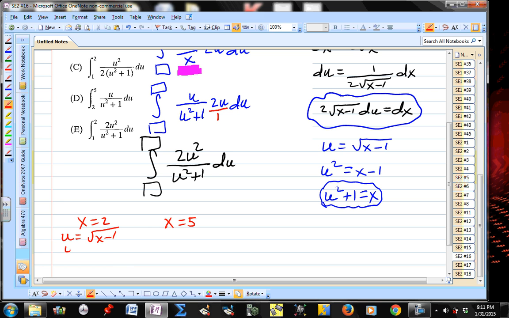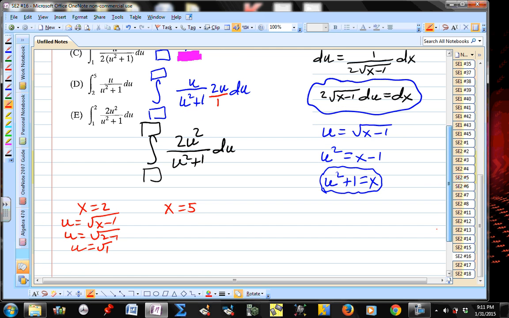So if x is 2, u is root 2 minus 1. U is root 1, or in other words, u is 1. If x is 5, well, u is root 5 minus 1, which is root 4. Therefore, u is 2. So our limits of integration are now from 1 to 2.